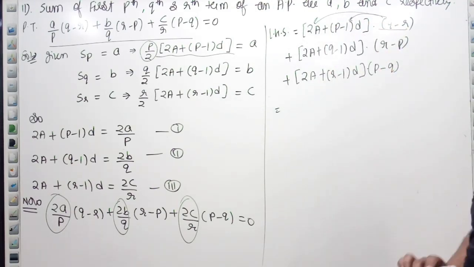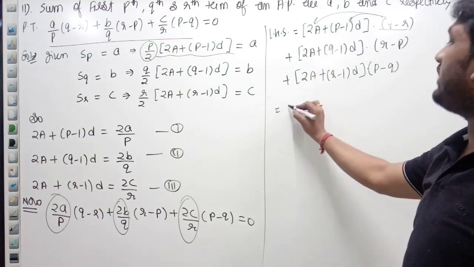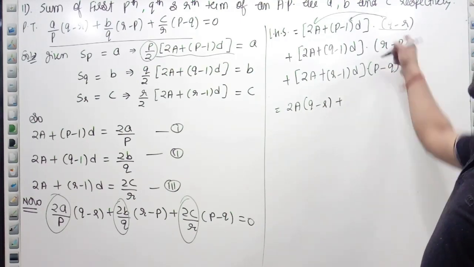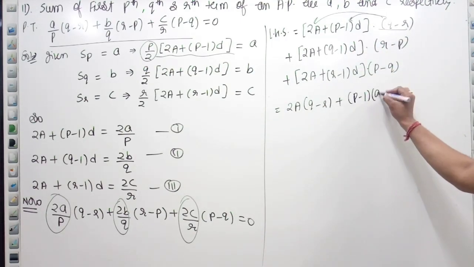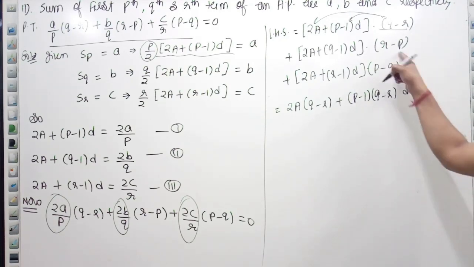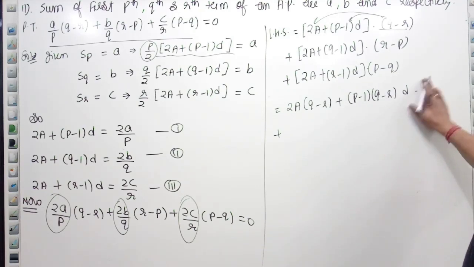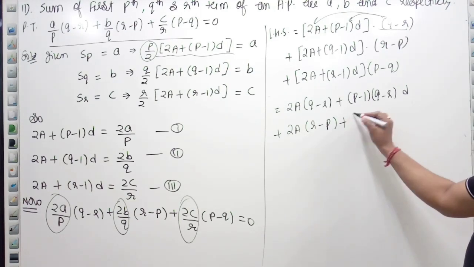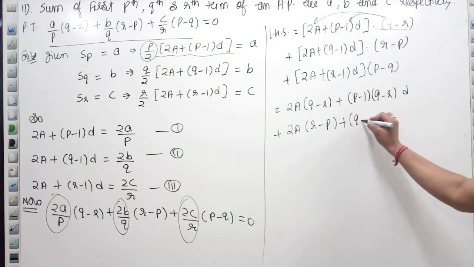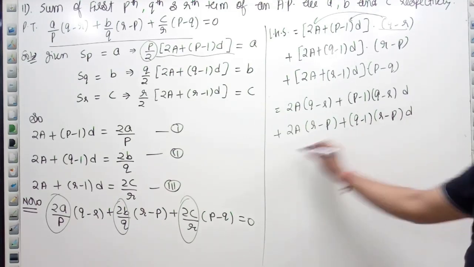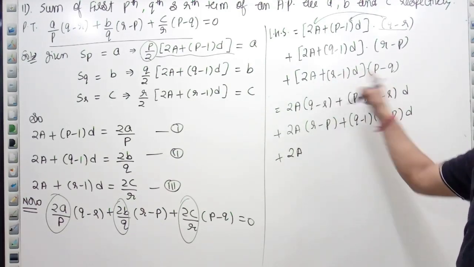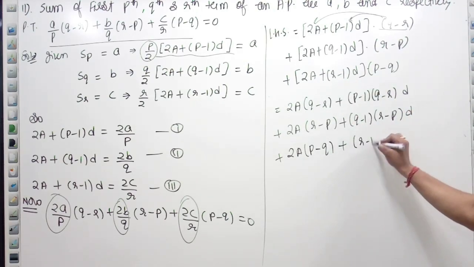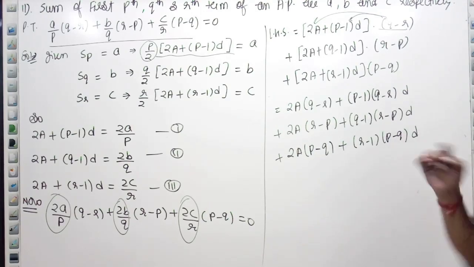तो देखो first term से multiply करूँगा, so what I will be getting 2a, right? q minus r plus second term से p minus 1 into q minus r into d plus second term से here first term and second term 2a r minus p plus r q minus 1 into r minus p into d plus 2a into p minus q plus r minus 1 into p minus q into p.